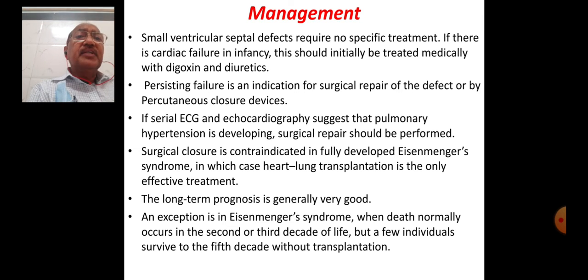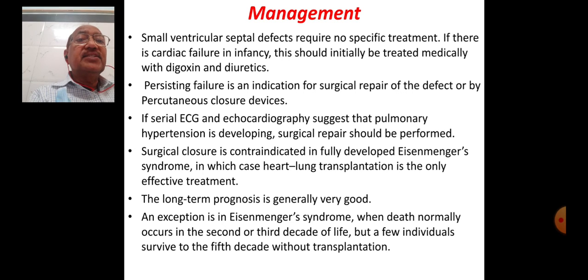Regarding the management of VSD, the small VSD requires no specific treatment, and if there is cardiac failure in infancy, they should initially be treated medically with diuretics and a plus minus role of digoxin. Persistent failure is an indication for surgical repair of VSD, or this could be closed by cath interventions as well as by surgical interventions.